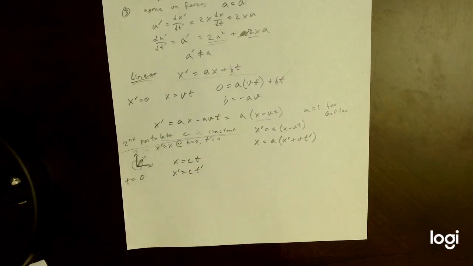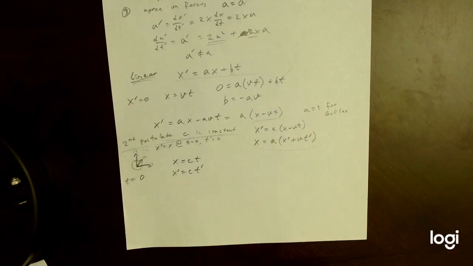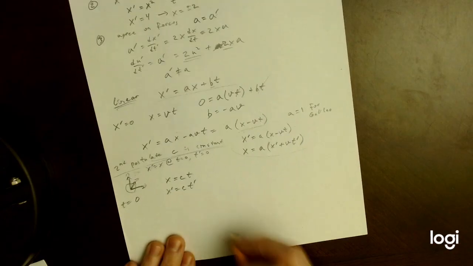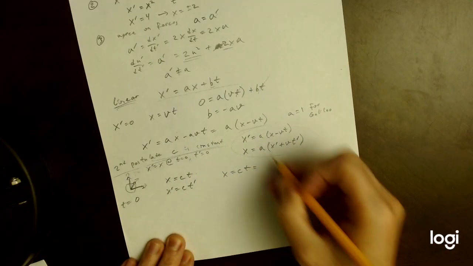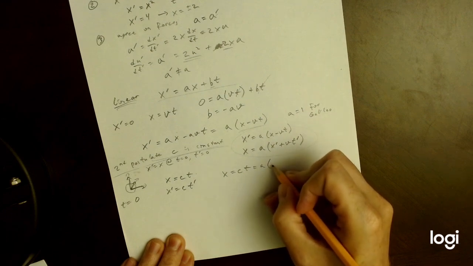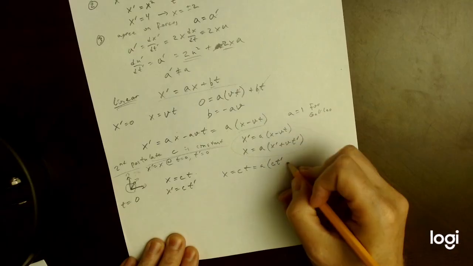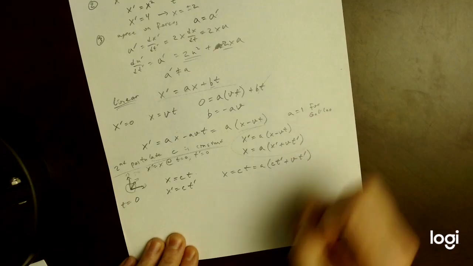So we're going to use this and our two relationships here to derive the relationship between these coordinate systems and the transformation. So let me use both of these things. And first, let me say x equals ct equals here a x prime, which I'm going to write out as ct prime, and then plus v t prime, like that.